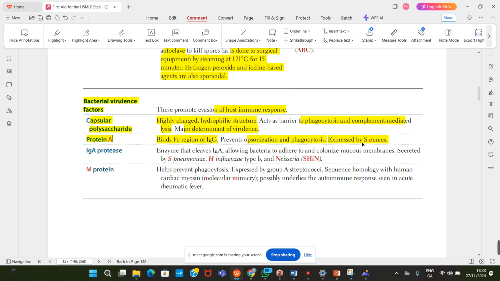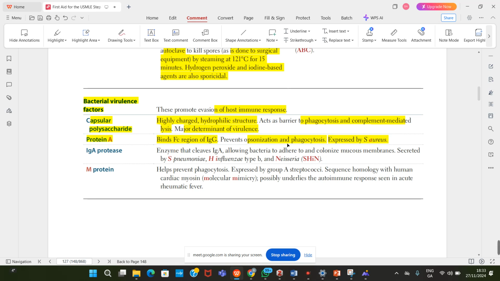And how does it do it? It binds to the Fc region of IgG. If Staph aureus releases protein A, which binds to the Fc region of IgG, that means there is no space for the phagocyte to bind, because phagocytes bind to the Fc region of IgG. The complements bind to that area to opsonize.